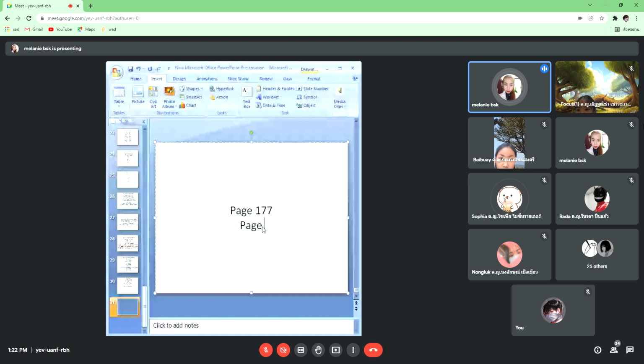Page 178, activity number 2, children. You're going to have 1, 2, 3. So you draw number 1, the radius. Then number 2, the diameter MA. And then radius HT.